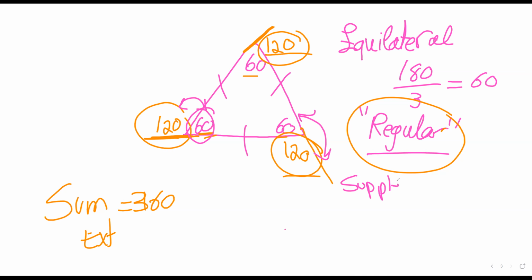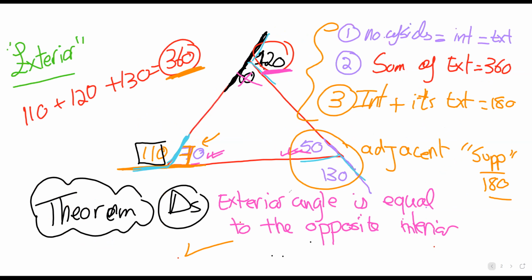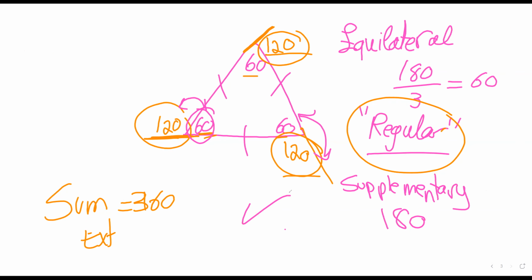Or الكلمة اللي أنا لسه قايلها من شوية اللي هي supplementary. Supplementary means they add up to 180 degrees. So the difference between regular shapes and irregular is that in regular polygons, all the exteriors are equal.